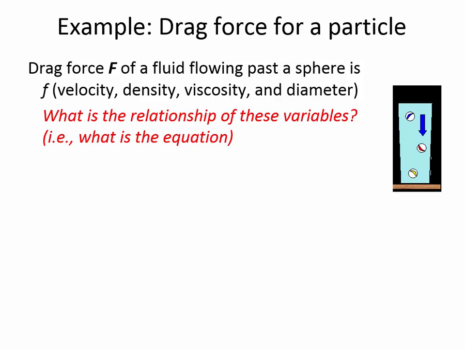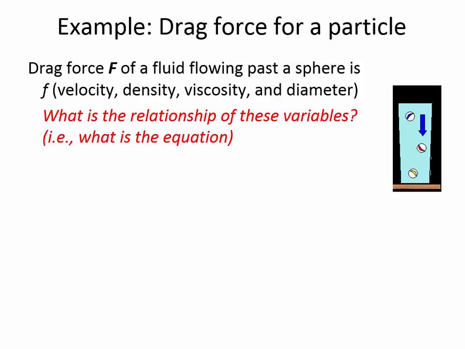So we know that those things are all somehow related, but we don't know exactly how they're related. And we say, for instance, we don't know what the formula should be for what is the drag force as a function of those other parameters. The Buckingham pi theorem and the process of assembling dimensionless groups allows us to develop a new equation.